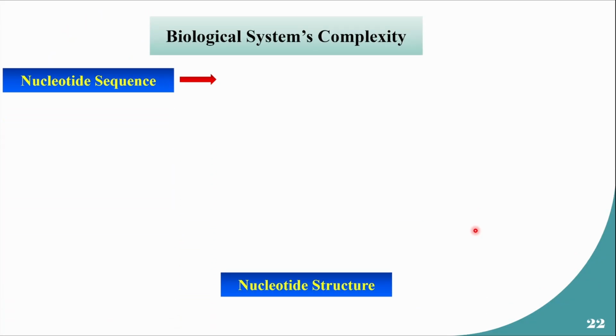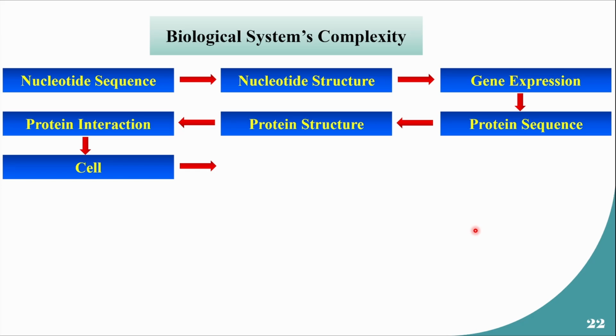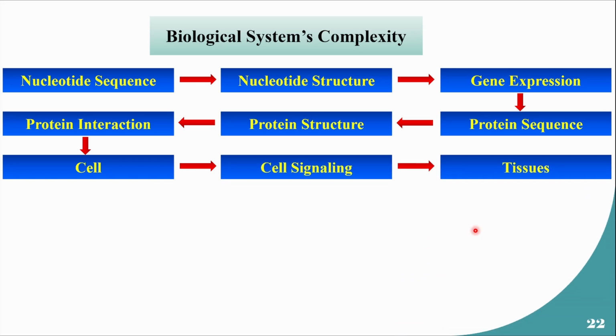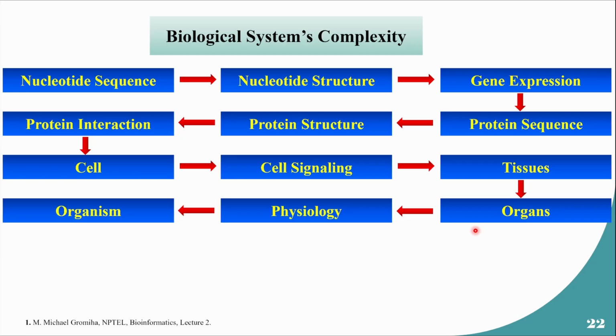Where the biological systems complexity is concerned, you can go right from the nucleotide sequence level to nucleotide structure level, to expression level, to now protein structure and protein sequence level, and even to tissue level or cellular level processes, or even physiology or organism level processes.